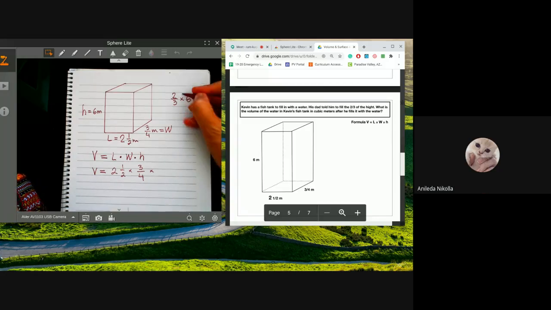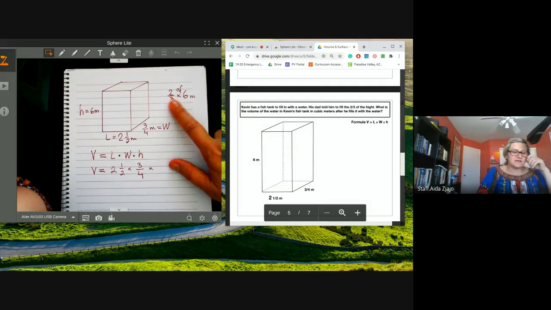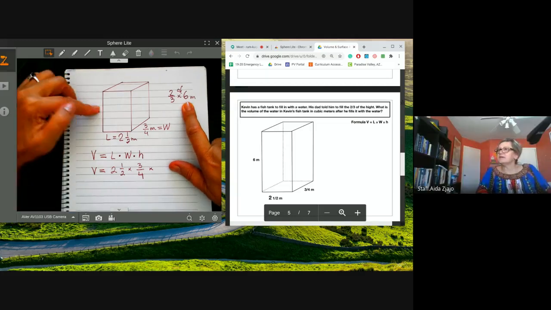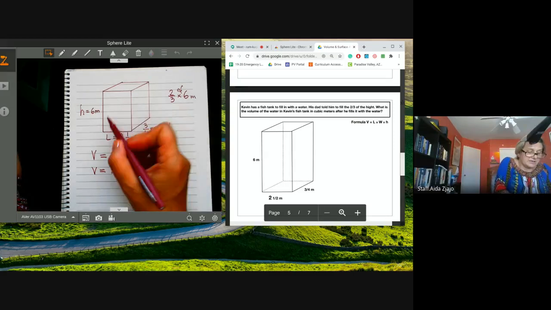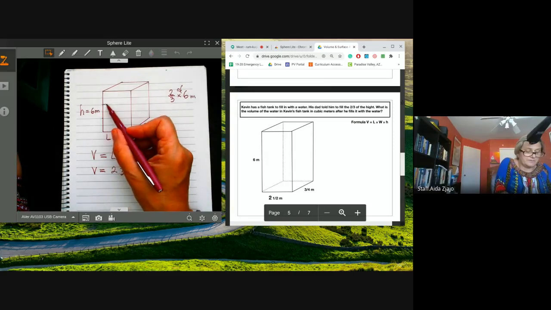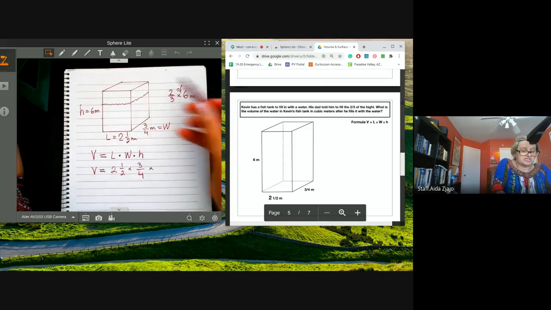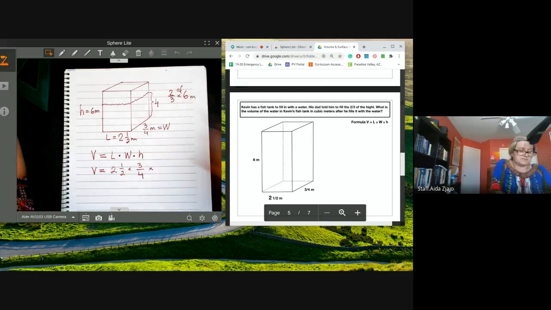4. At the height, 4. How did you get 4? Do you think it's 2/3 of 6? Do you agree with her, Alexander? She says you're going to fill the water till here, which she thinks means the height would be 4 meters, not the 6.